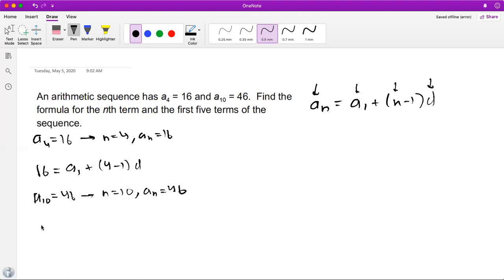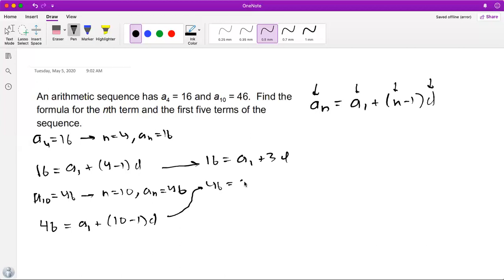So I can write another equation: 46 equals A1, which I don't know, plus n minus 1, which in this case is 10 minus 1, times the difference. So this gives me 16 equals A1 plus 3D, and this one here gives me 46 equals A1 plus 9D.